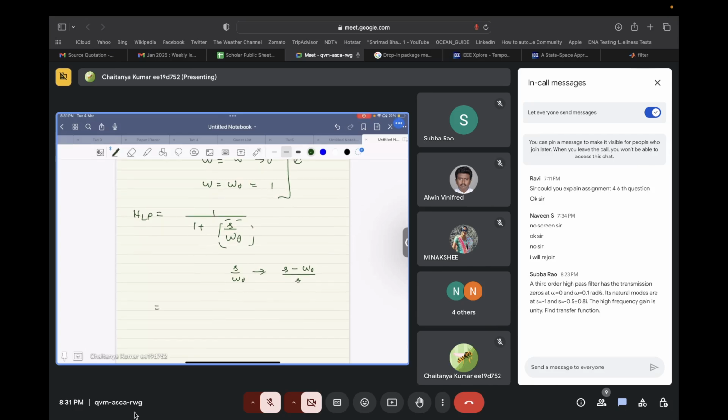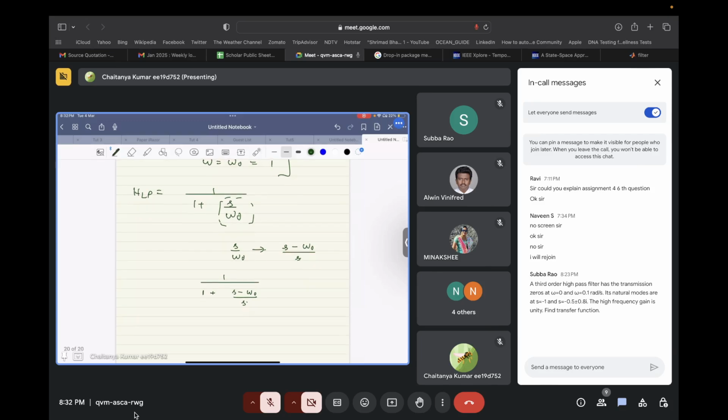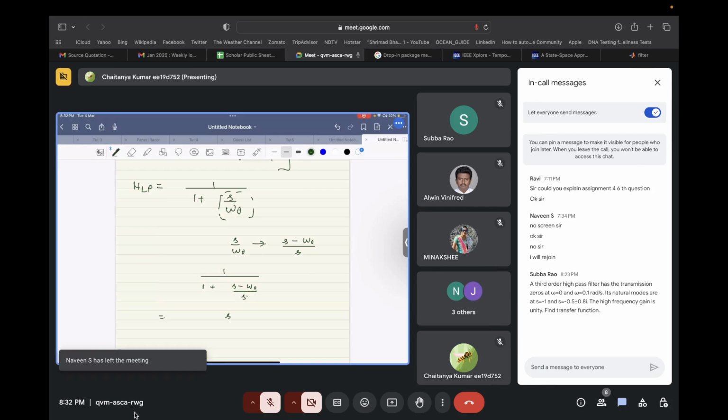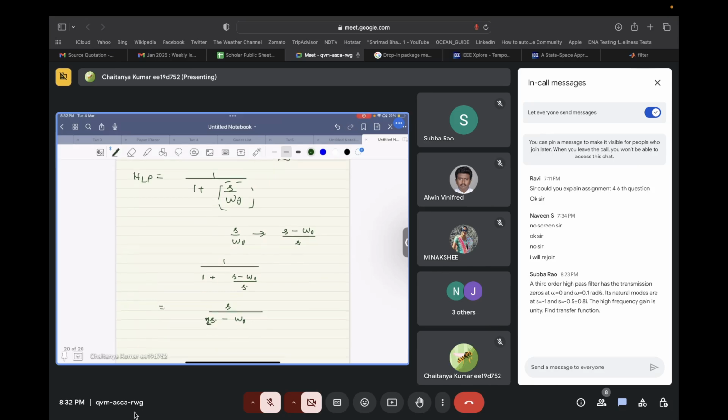So what we have now is 1 upon 1 plus S minus omega naught by S. So this thing becomes equal to S upon 2S minus omega naught. Correct?